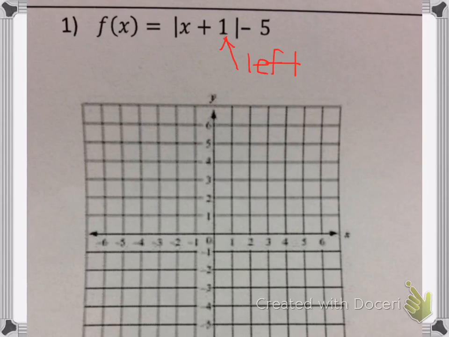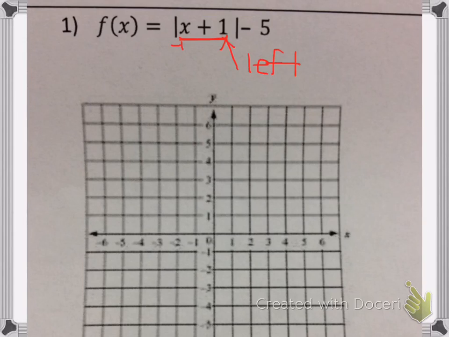I like to think about the reason it happens: if I'm going to have a value on the x-axis, my y value would have to be 0. So I'm really trying to figure out what value would make this 0. And the value that would make that 0 would be a -1 for x, and -1 on the x-axis would be to the left.